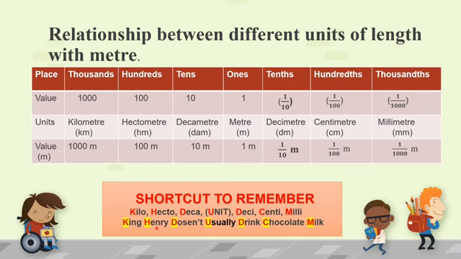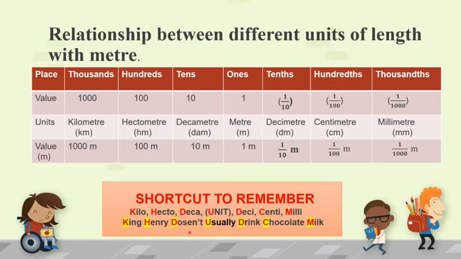Now here you will see every initial letter of the word is highlighted, and every initial letter stands for the unit and the keyword, for the place value chart, which is kilo, hecto, deca, and the unit, which is meter over here, and deci, centi, milli, is given over here.